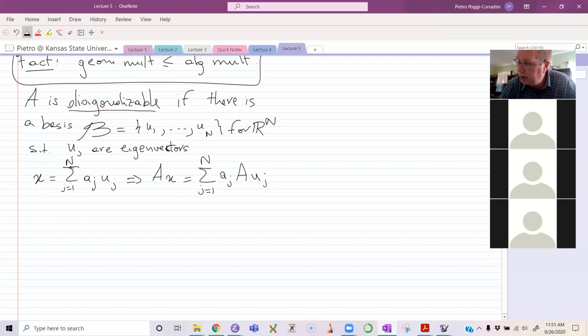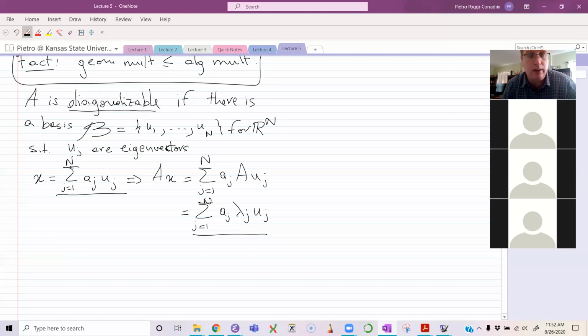And then because the uj's are eigenvectors, you get this, right? And so you go from a vector that has these coordinates in the uj basis to a vector that has these coordinates in the uj basis.